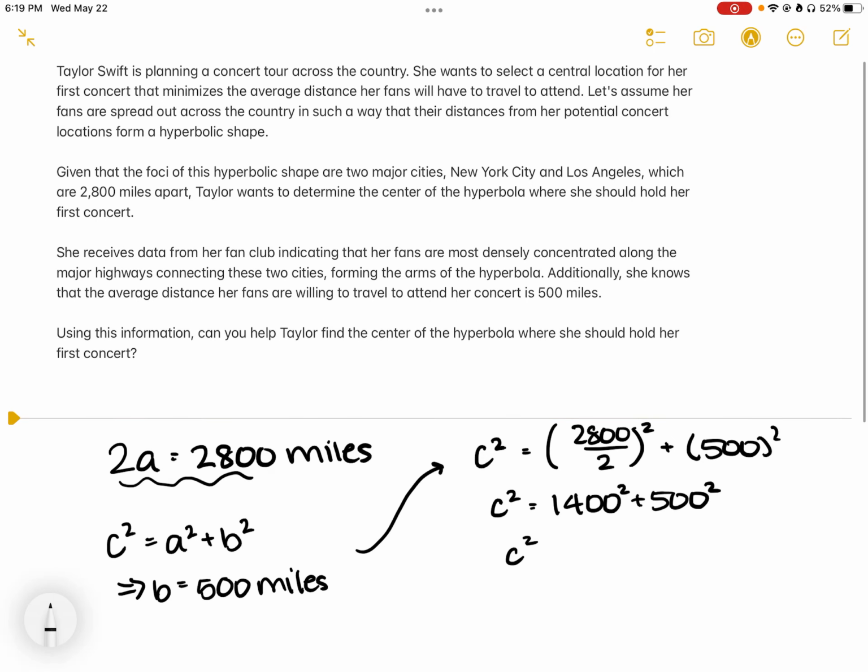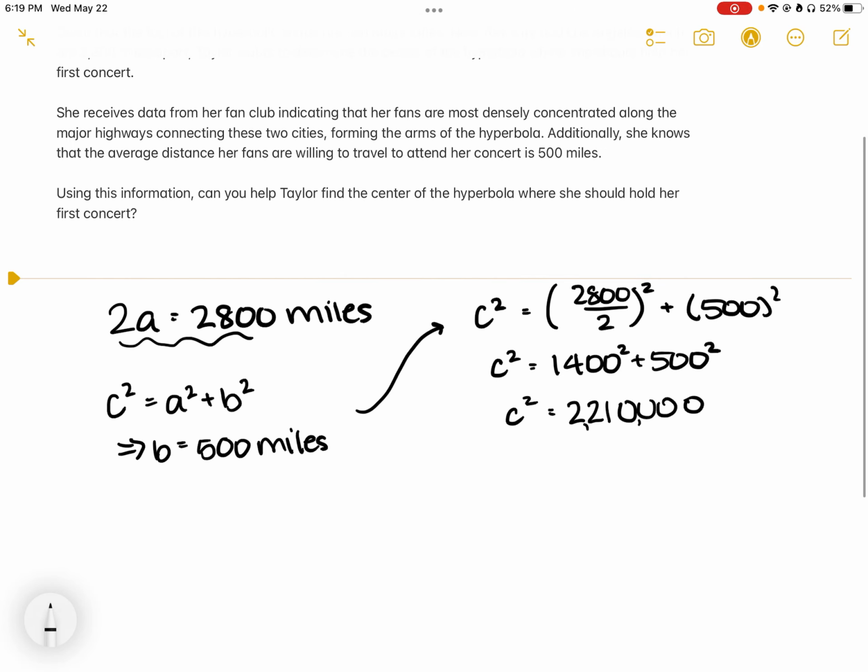And doing some quick maths, we know that c squared is equal to 1,960,000 plus 250,000. But we need to take the square root of that. And so c is equal to approximately 1,486.60 miles. So now we know the distance from the center to each focus is 1,400 miles, which is a.